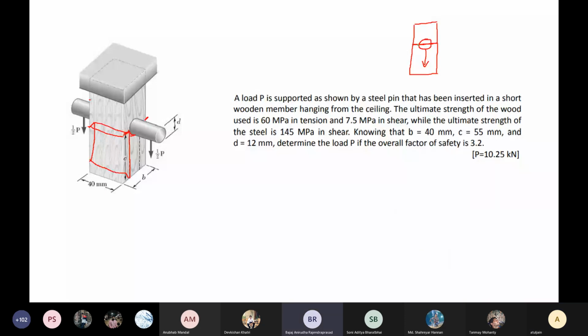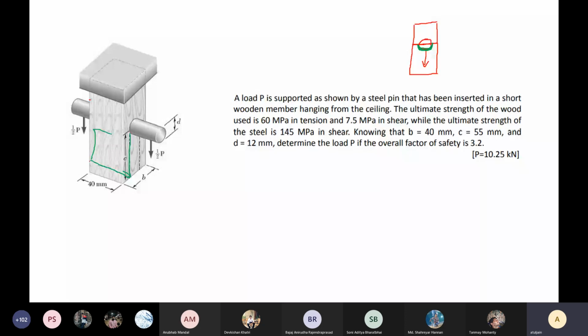So actually I am unable to understand that shear, sir. Please can you explain again? Which shear? Shear in the wood or shear in the pin? So in the wood, sir. In the hood, so we are looking at this region C. It is this region inside.